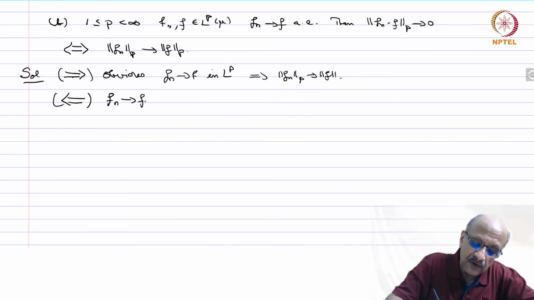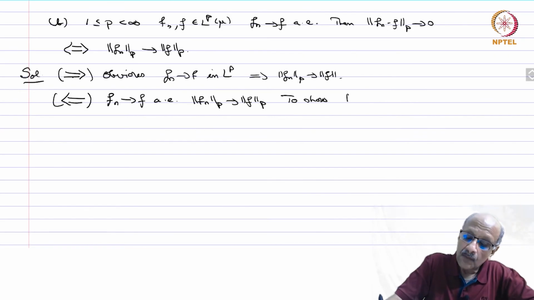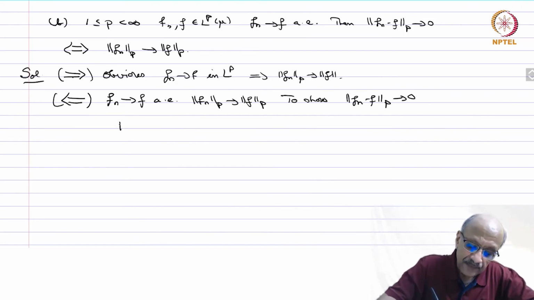So Fn goes to F almost everywhere, and you are given that norm Fn p goes to norm F p, and you have to show norm Fn minus F in LP goes to 0. So let me define capital Fn to be equal to mod Fn minus F power p.